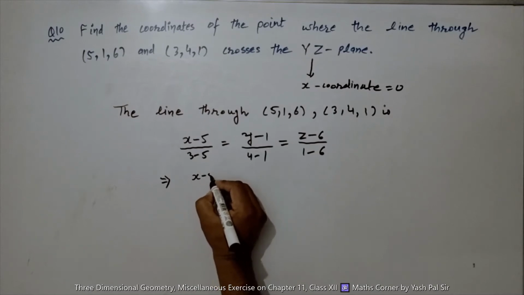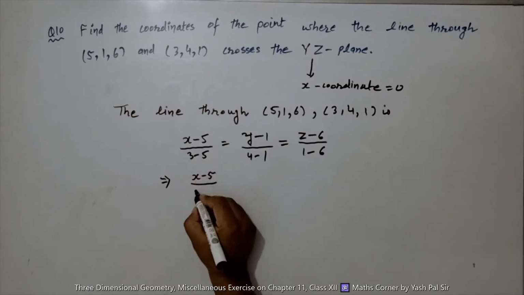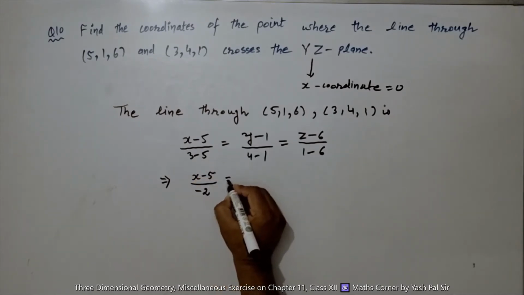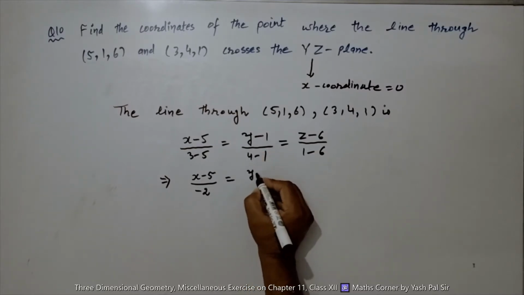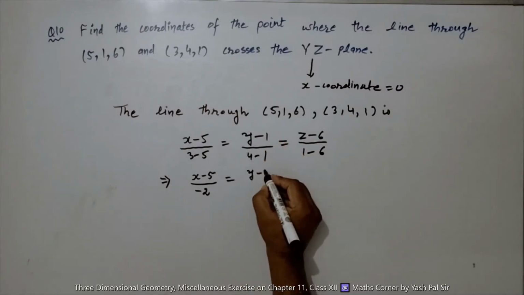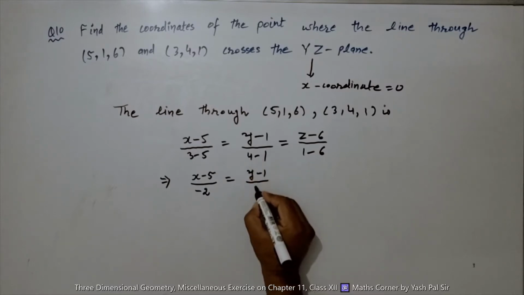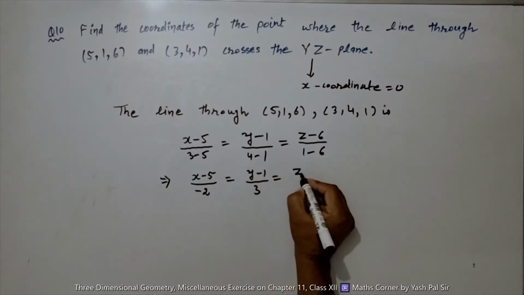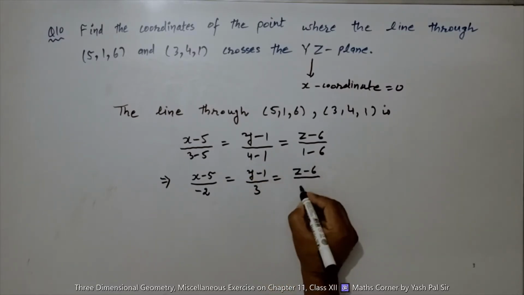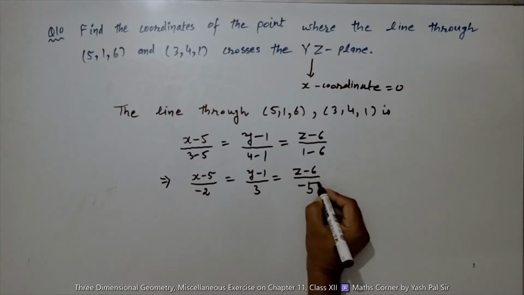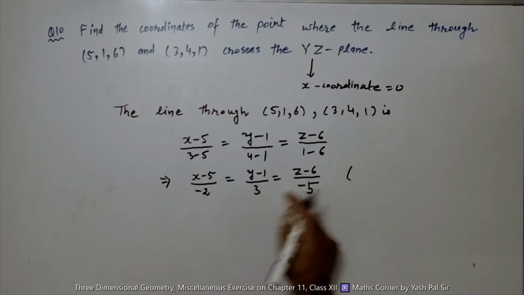So this way we can say x minus 5 divided by minus 2 equal to y minus 1 divided by 3 equal to z minus 6 divided by minus 5.